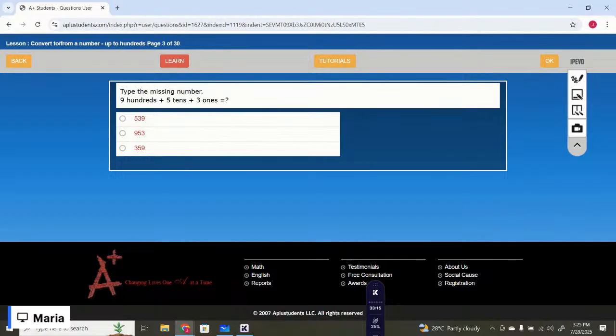So which is the correct option? That is 9 hundreds plus 5 tens and 3 ones, 953. Option number 2 is the correct option. That is 953.